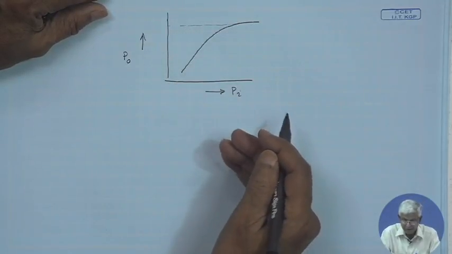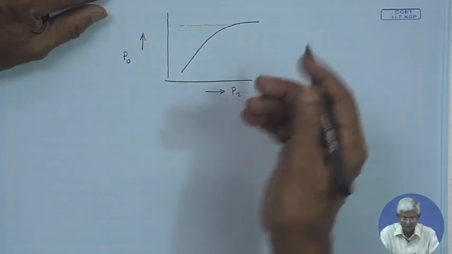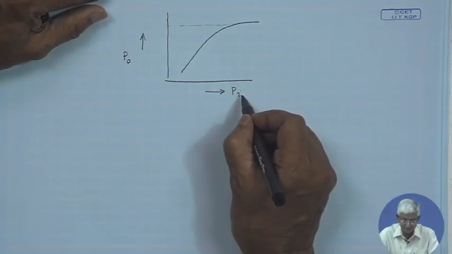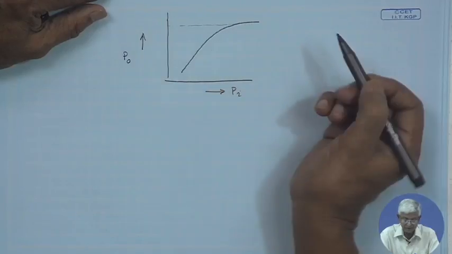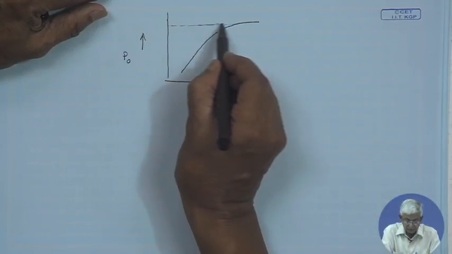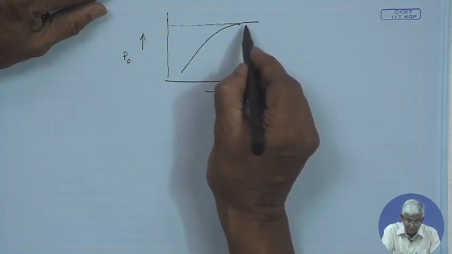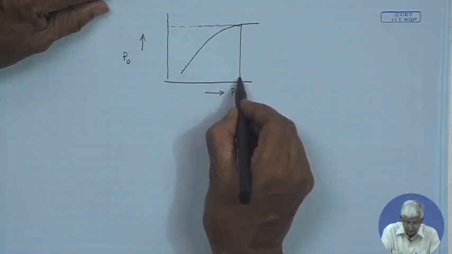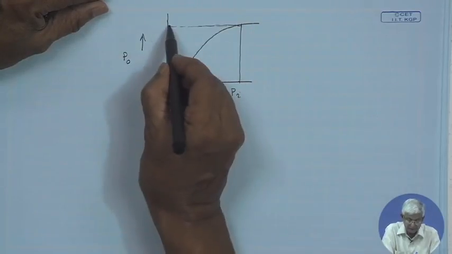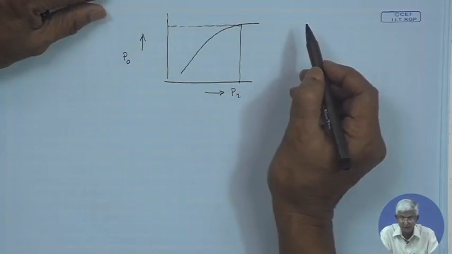That means, if you go on increasing the uplink power, which is received by the satellite as input, the output power will not increase linearly, it gets slowly saturated. So, there could be a specification that somewhere at this point it gets saturated. That is the maximum power the satellite output can give.